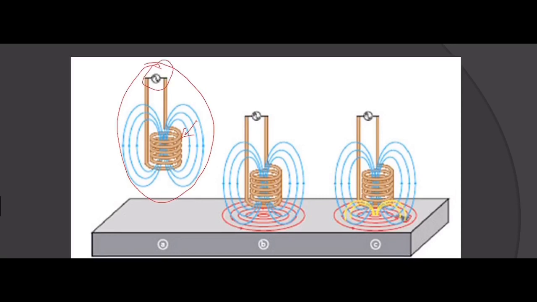The alternating current flows through the coil and it will generate a magnetic field around the coil. When the coil is placed close to an electrically conductive material, which is the gray plate here, the eddy current will be induced in the material, which is the red magnetic field here. That is the eddy current magnetic field.